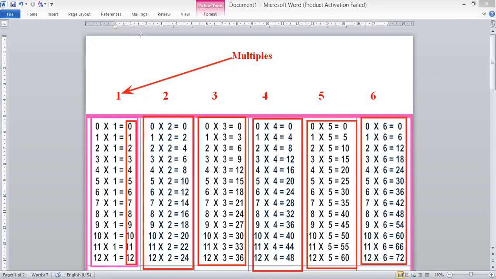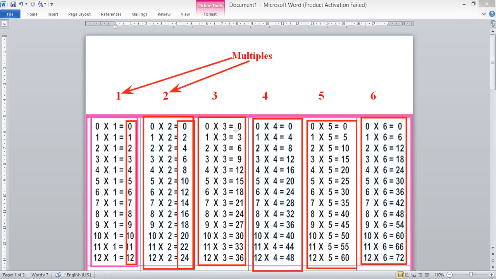Look at table 2. In table 2, the multiples of 2 are 0, 2, 4, 6, 8, 10, 12, 14, 16, 18, 20, 24. These are the multiple of 2.